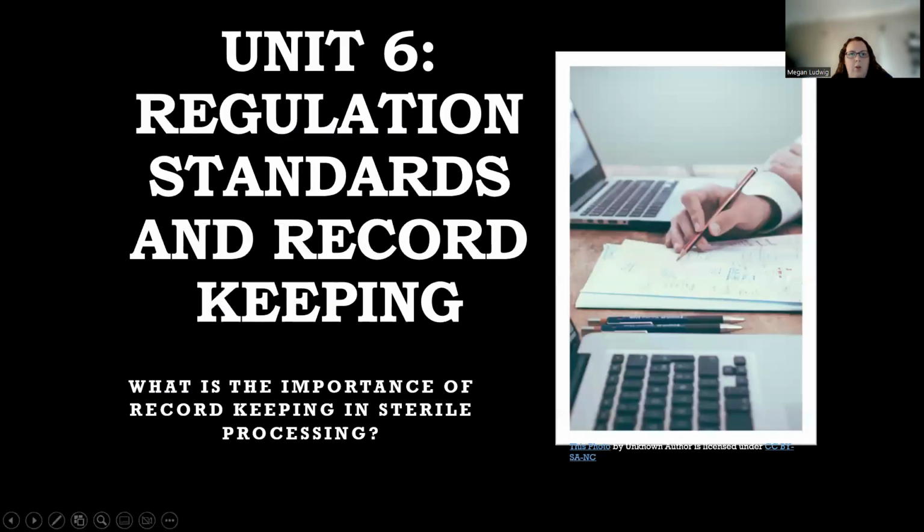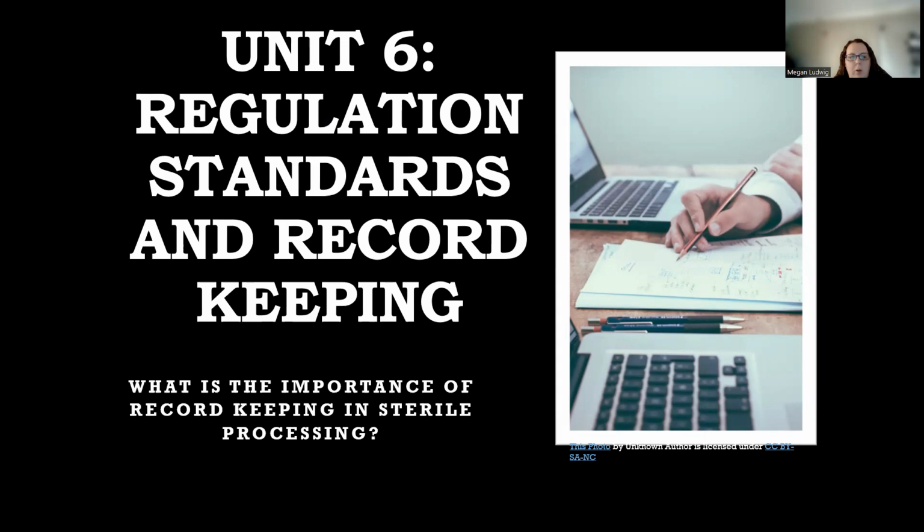All right, so Unit 6, regulation standards and record keeping. Why is it so important to keep records in sterilization? I think sometimes when you're first learning about this, you don't necessarily think about that aspect of it. You think, okay, we have to keep these instruments clean. We have to learn how to reprocess them and package them. That is obviously one of the main focuses of the job.